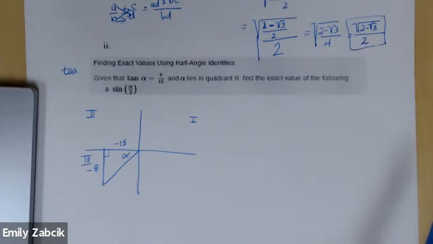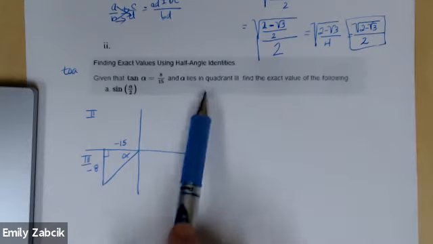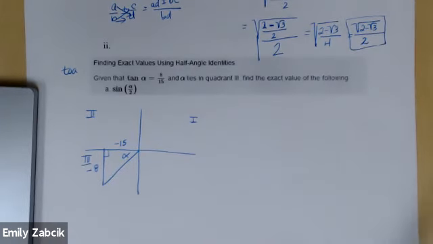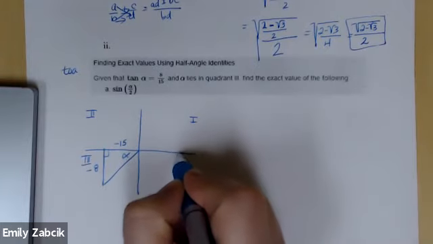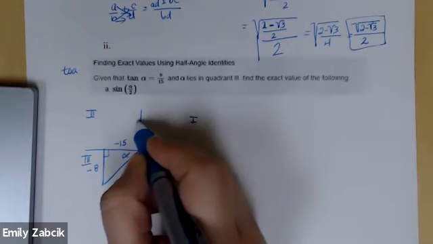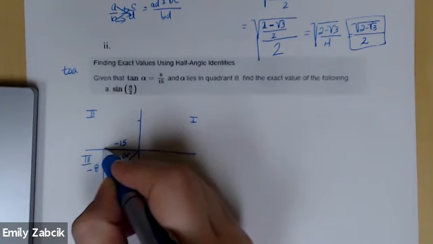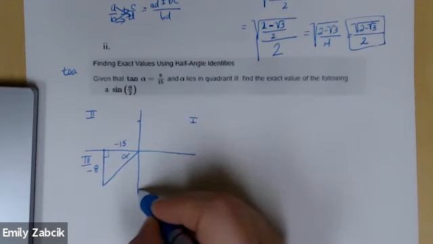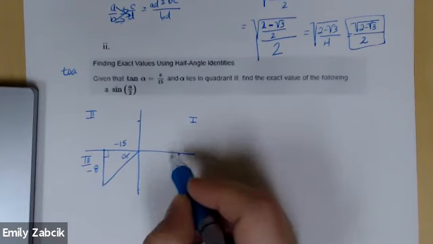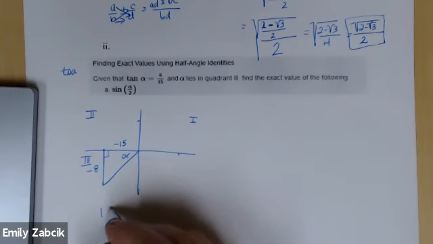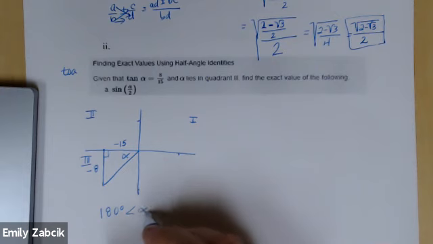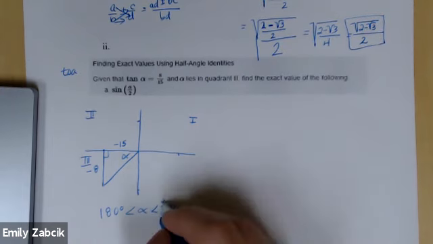If you go back to your how-to steps, it says draw a triangle using your tangent and what quadrant it lies in. So that being said, if you think about this in terms of degrees, here's 0 degrees, 90 degrees, 180 degrees, 270, 360, right? So we know that alpha is currently between 180 and 270, right?